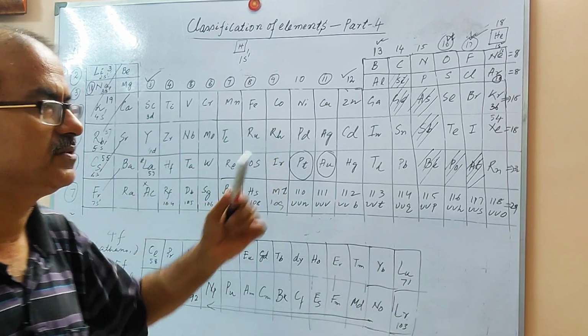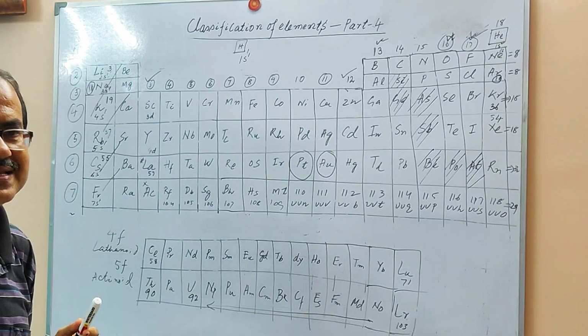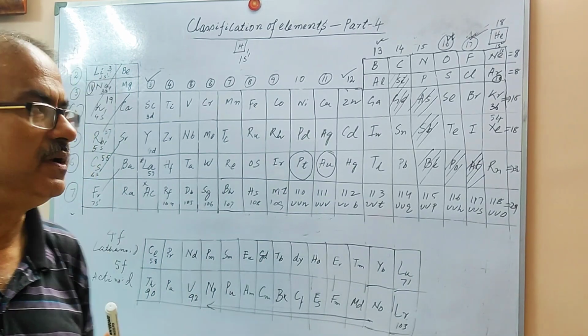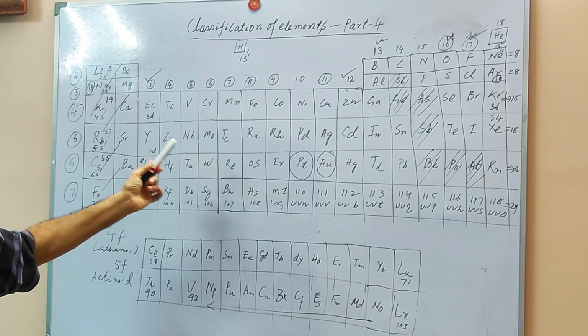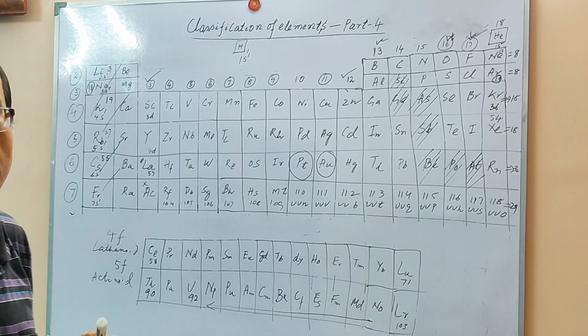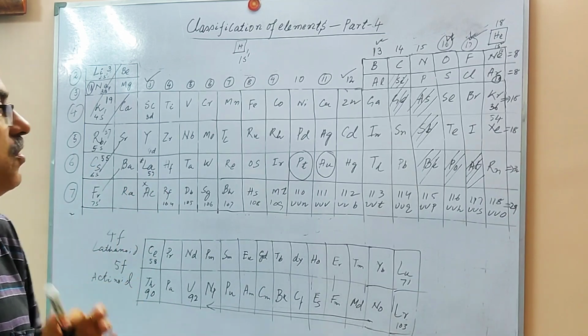And at the end you can see xenon, where the 5s and 5p orbitals are completely filled. Here in the fifth period you can see there is a filling of the 5s, 4d, and 5p orbitals.